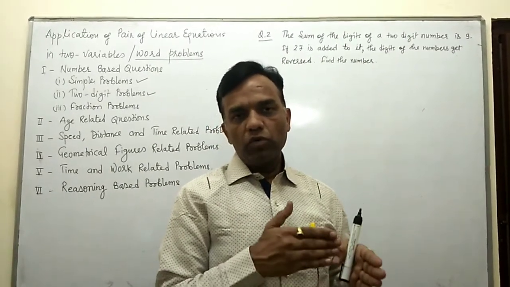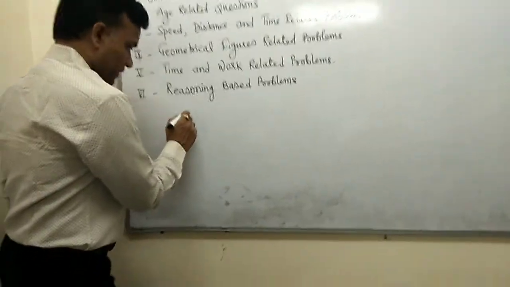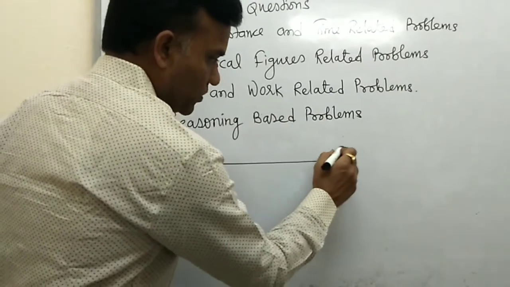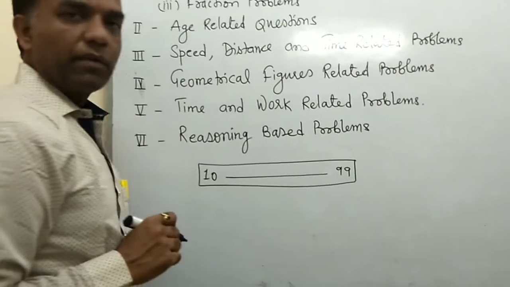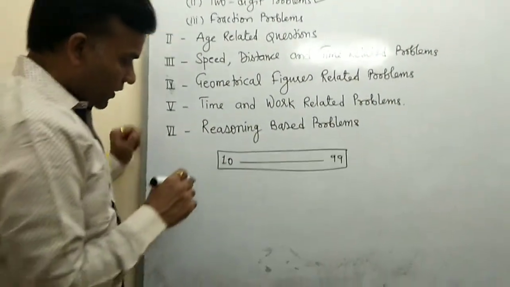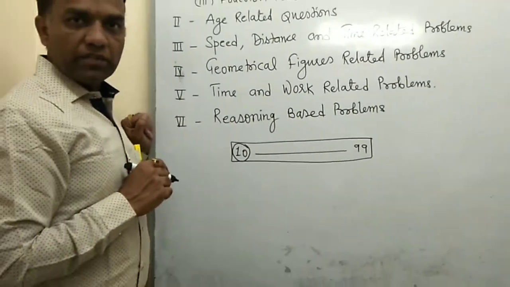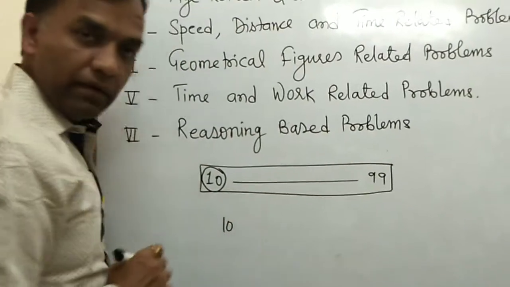Here we discuss the numbers from 10 to 99, which belong to the group of two-digit numbers. Your two-digit numbers start from 10.